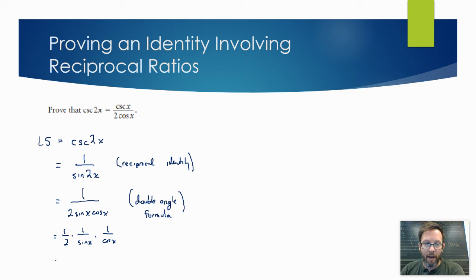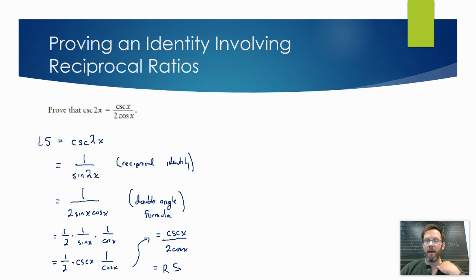And 1 over sine x is equal to cosecant x. So this is equal to, I'll show a lot of extra steps here, 1/2 times cosecant x times 1 over cosine x, which equals, if we just clean that up, cosecant x all over 2 times cosine x, which is equal to the right side. So we've proven this identity.